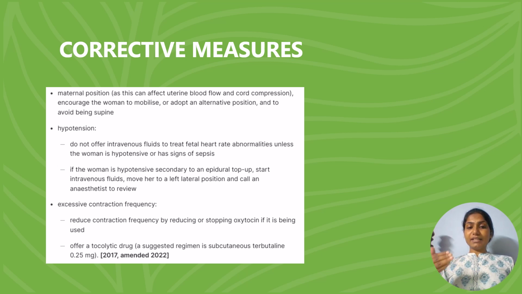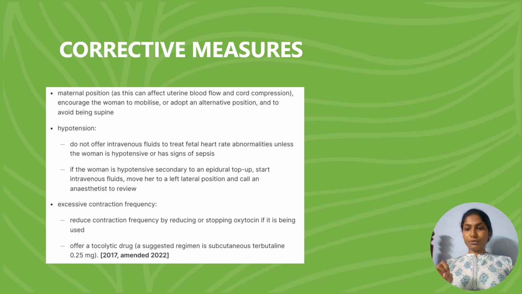Only if there is any hypotension secondary to epidural top-up, we can start intravenous fluids and move her into left lateral position to improve the blood supply. And if there are any excessive contractions, then we can stop the oxytocin or give a tocolytic drug, that is subcutaneous terbutaline 0.25 milligram. So I told that before.